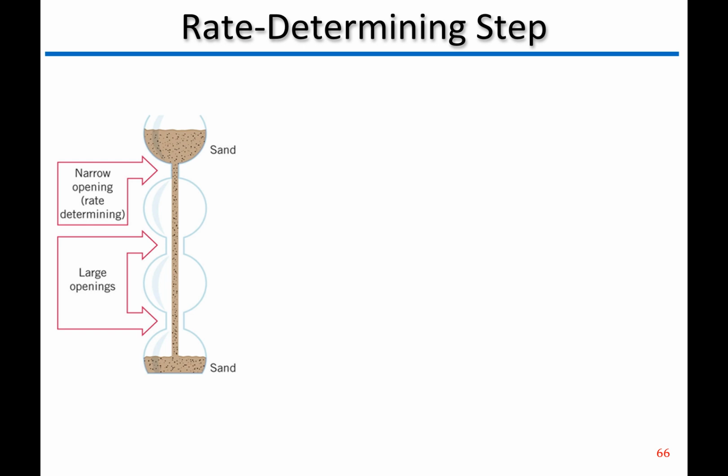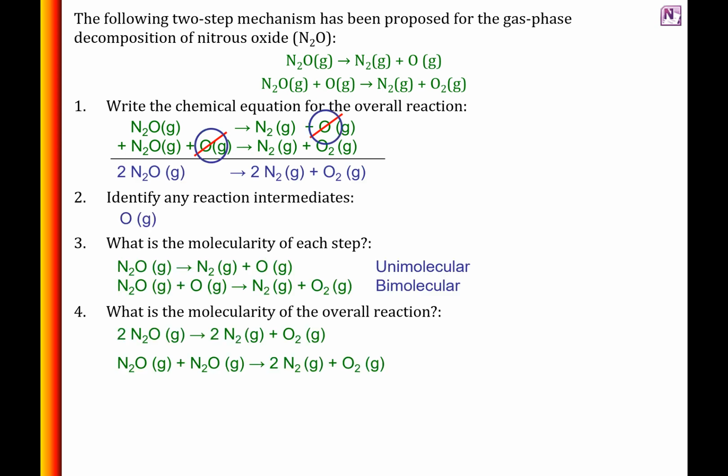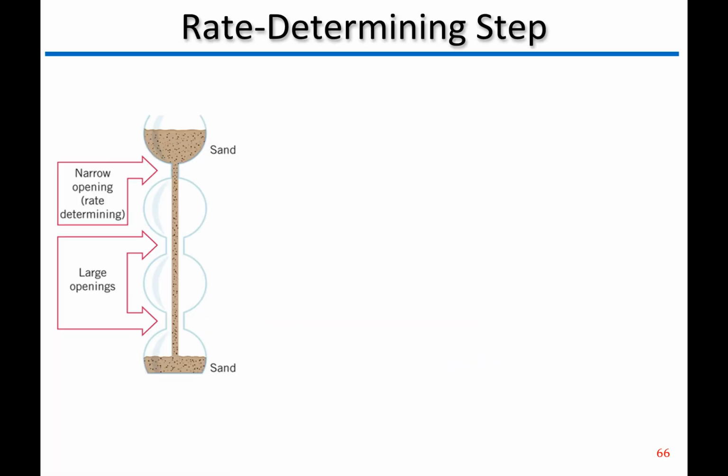So here we'll talk about the rate determining step. And I mentioned this a little bit earlier. It's sort of the idea of sand moving through this glass system we have here. At first we just think about the sand moving through the glass. We see that we have a narrow opening and then two wide openings.